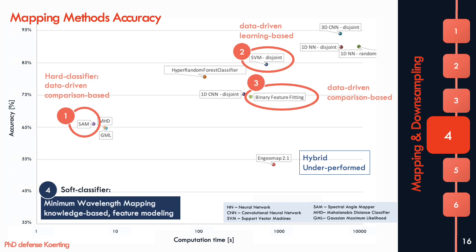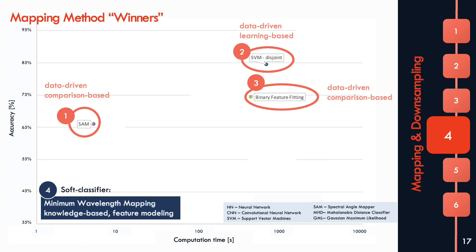For my hard classifier methods, I wanted to introduce you to the different categories of methods, but unfortunately the hybrid method here, the ENGeoMap, underperformed. That's why I'm just going to introduce you into a data-driven, comparison-based, learning-based, and also a knowledge-based approach.